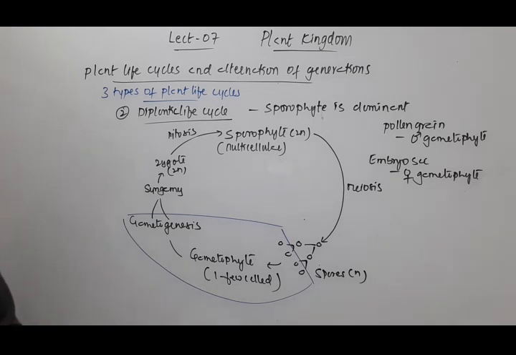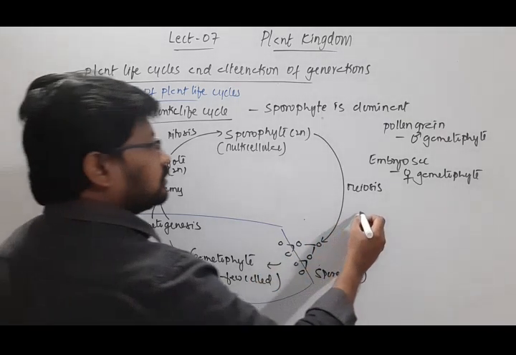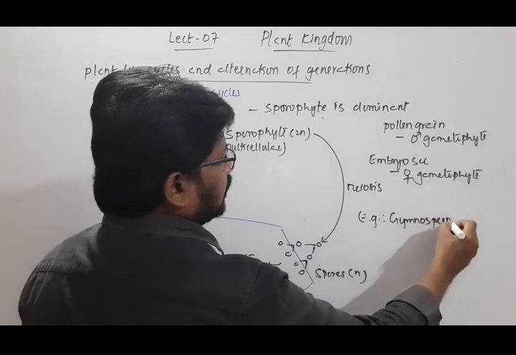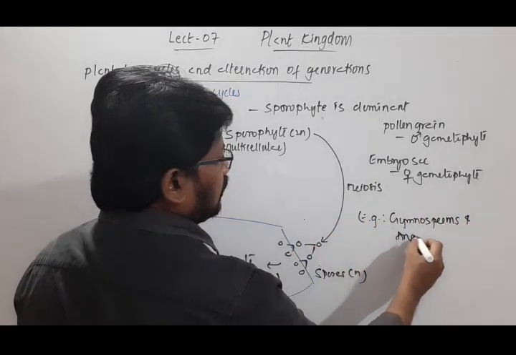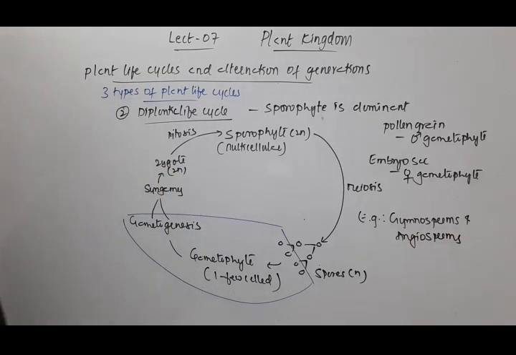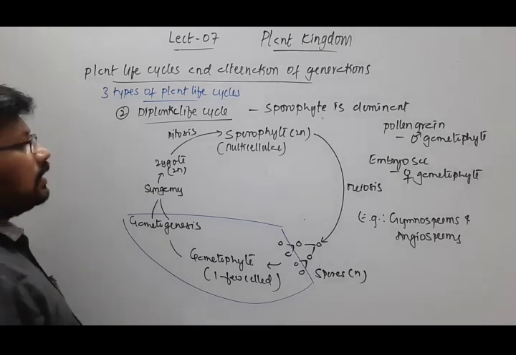So coming to the diplontic life cycle, the examples we see here are the gymnosperms and angiosperms. All gymnosperms and angiosperms will exhibit such a type of life cycle. And of course there are certain algal species which also exhibit such a type of life cycle.